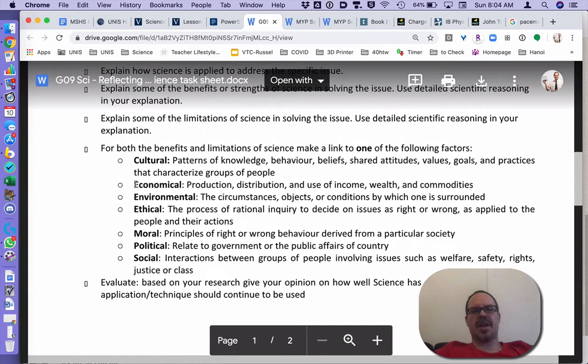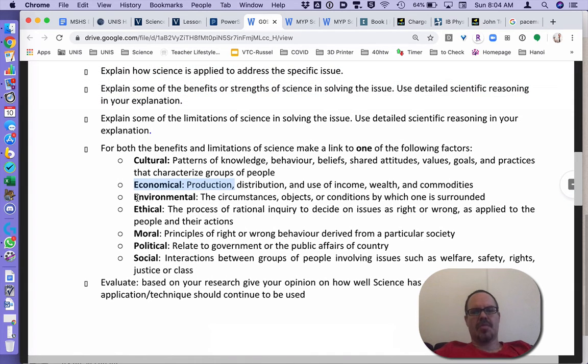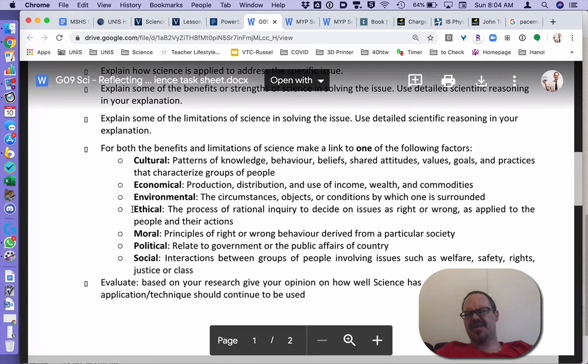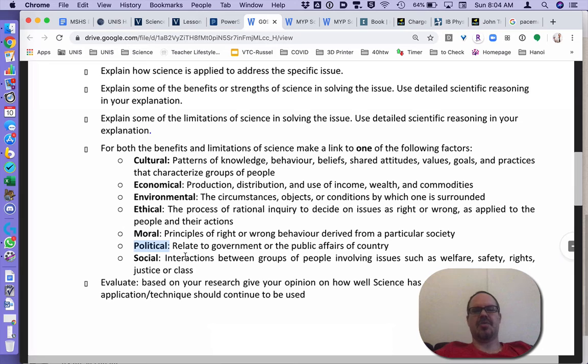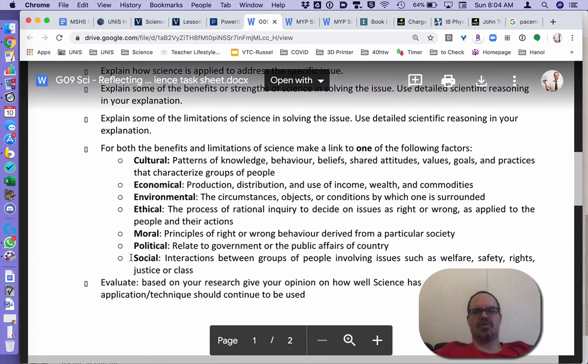Generally, I recommend economical, perhaps environmental, maybe ethical. Okay, political can be useful, especially if you think about COVID-19 right now. And social, normally this is one that doesn't really come so well, but especially with COVID-19, you might look at social.